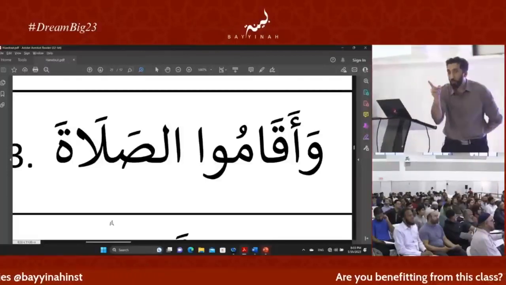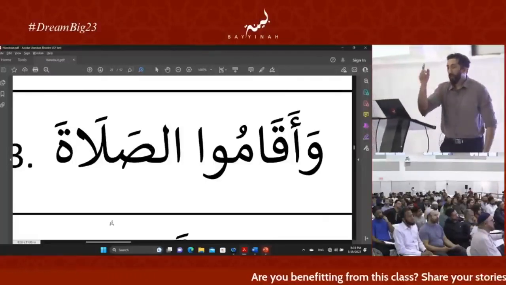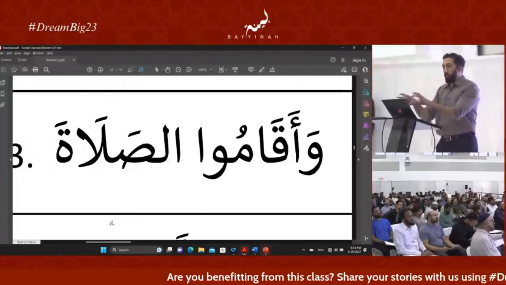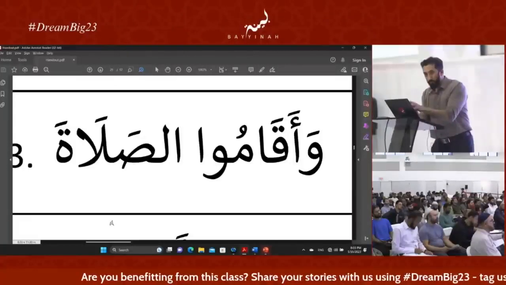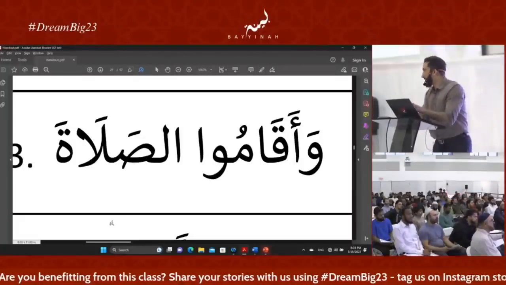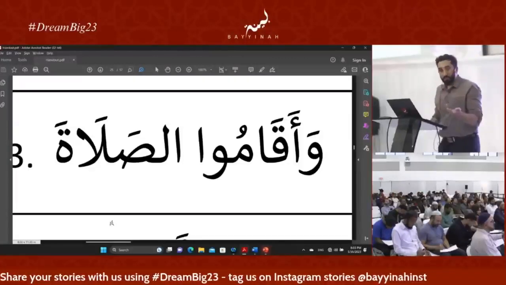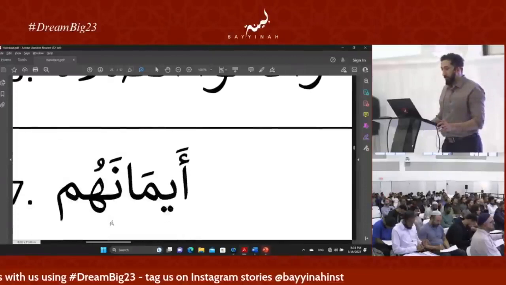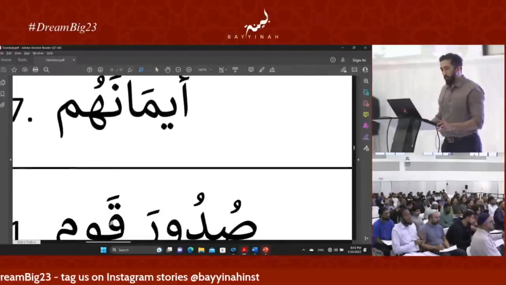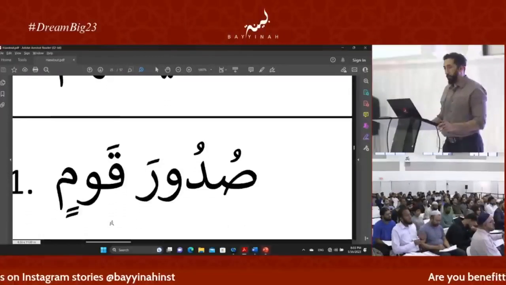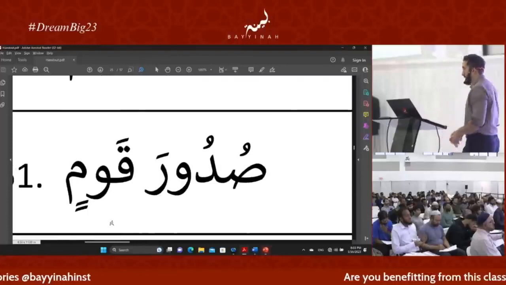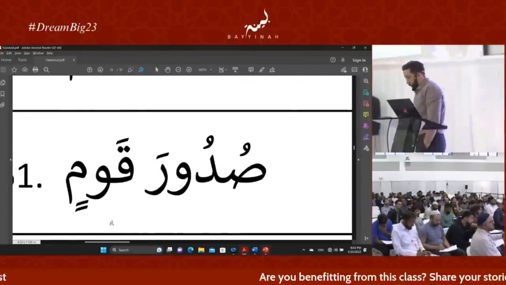If it was jar, it would have been what? As-salati. So I don't know what this is, but it's not mudaf ilayh. Got it? It didn't fit. By your standards so far, yeah. Try this one. Sudura qawmin.